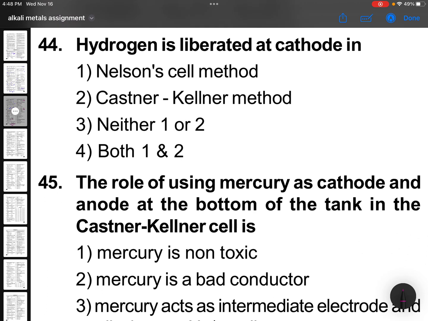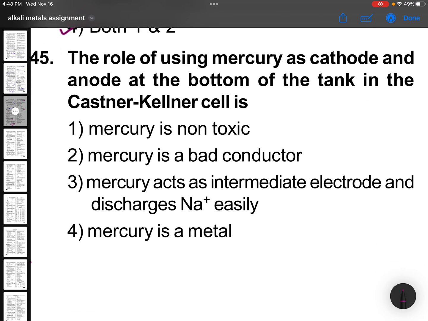Hydrogen is liberated at the cathode in both 1 and 2, as we were just discussing. This is the advantage of solving so many questions. Once you go through all these, the questions will come repeatedly, and once the revision assignment is done, you will have much knowledge, and once you write the examination, that's enough.